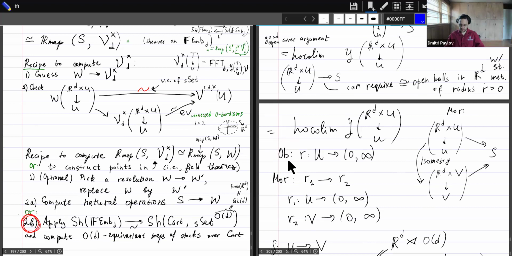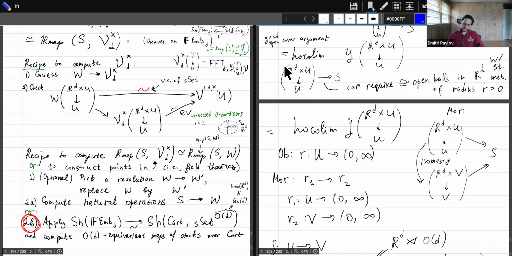More specifically, the first observation was that once we restrict to, so here, objects are morphisms from a representable pre-sheaf of R^d times U over U to S. So in other words, objects are such objects in the site together with a fiberwise Riemannian metric on R^d. And without loss of generality, we can require this metric to specify an open ball.